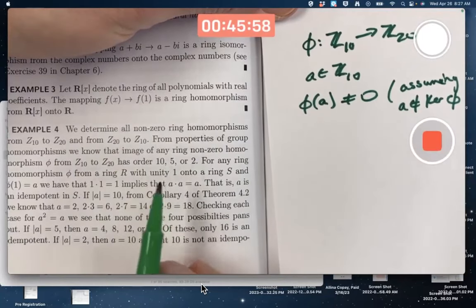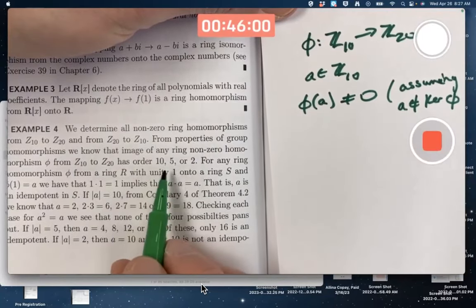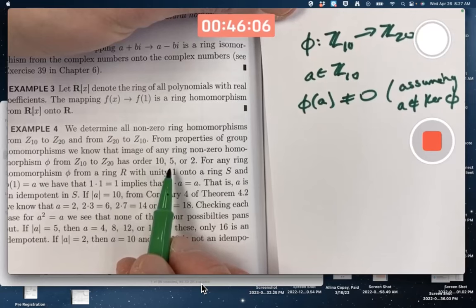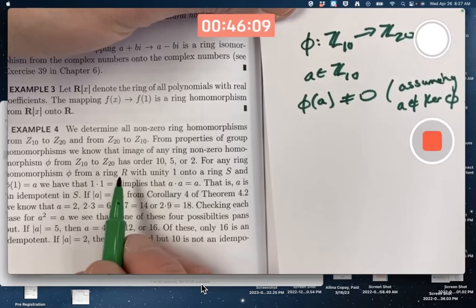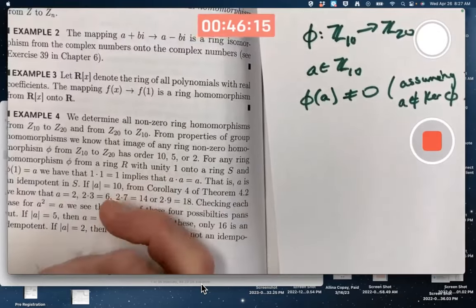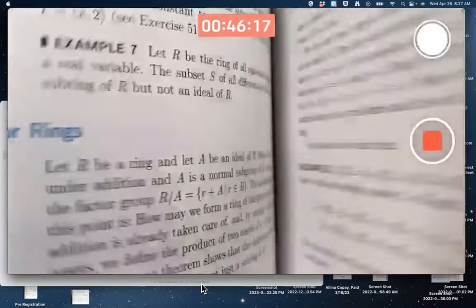What properties? What do you think is special about these numbers, 10, 5, and 2? They all divide both 10 and 20, don't they? Yeah, there was a property back in the group homomorphism chapter.